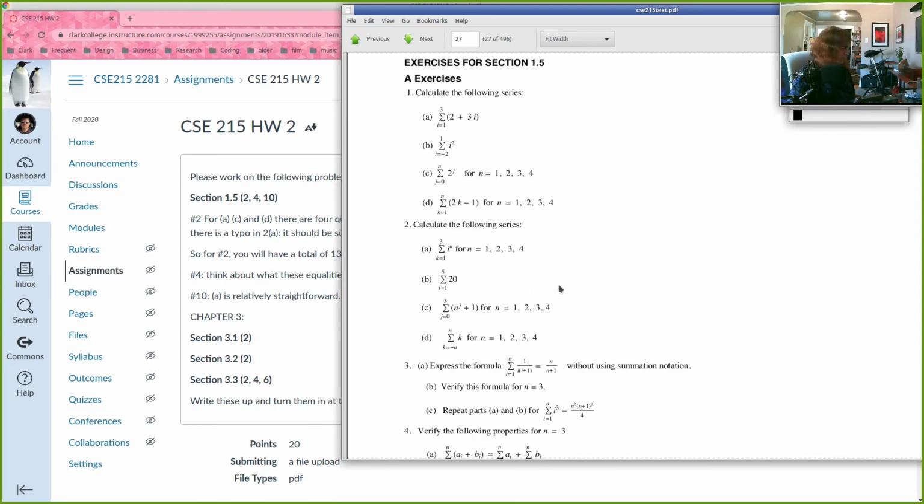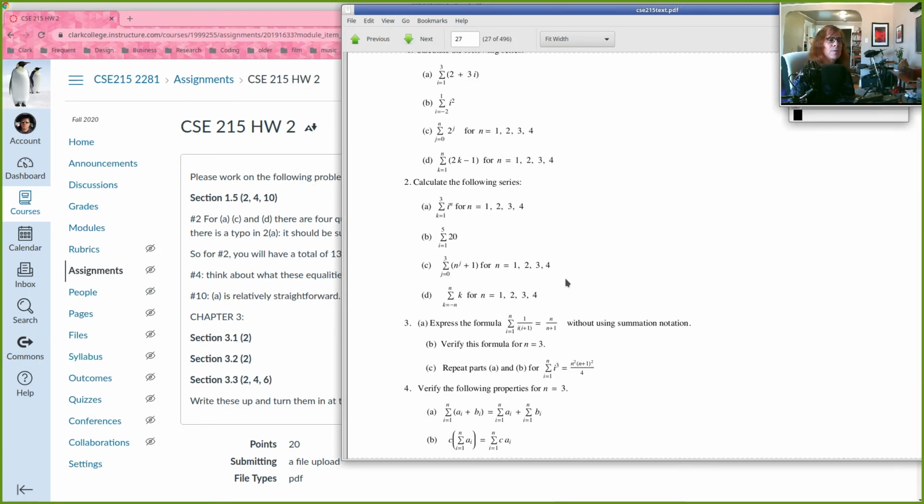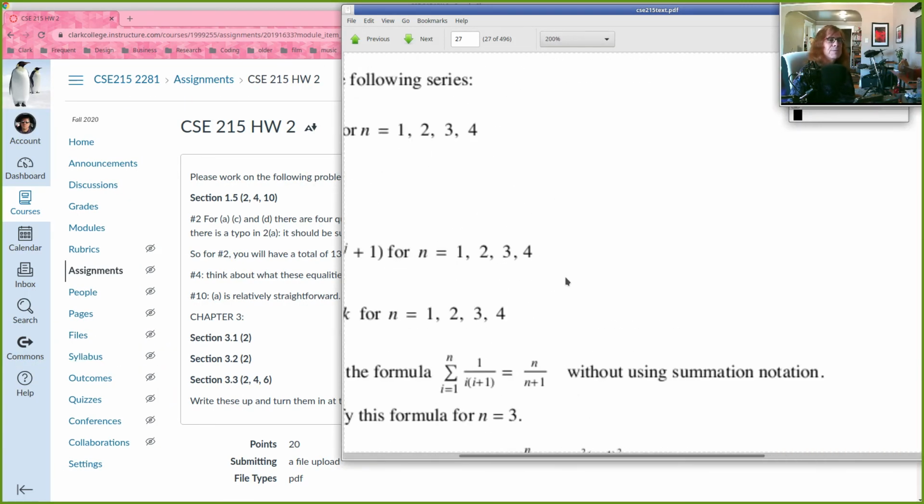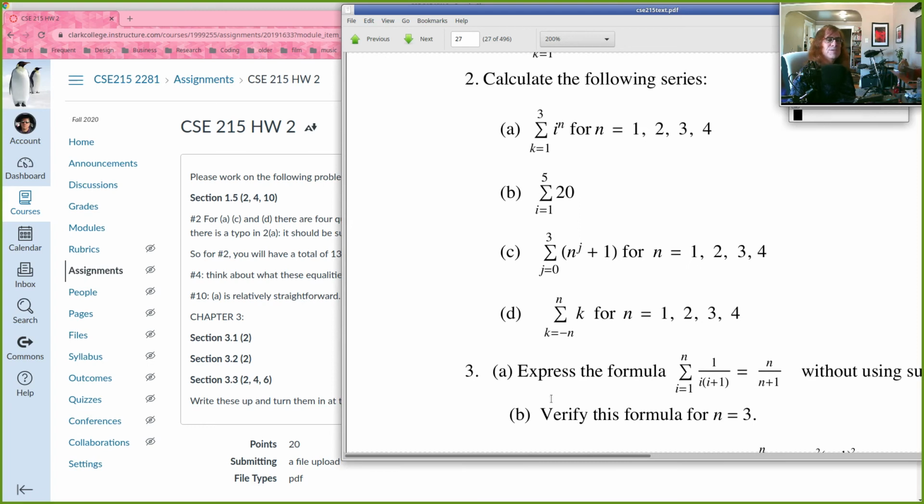So question 2, there's 4 parts to it, and for each of these parts, A, C, and D, you're going to do 4 separate questions, okay? And there's also a typo here. This should be the sum for i equals 1 to 3 of i to the n. So figure out what this sum is equal to for n equals 1, and write that answer down.